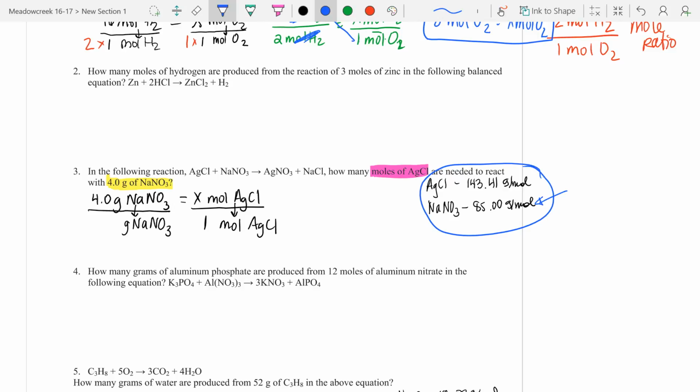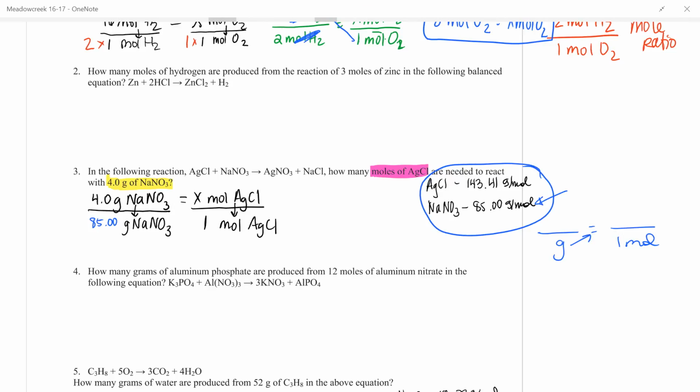Okay, now the units for molar mass are always grams per mole, and that's because if you look at the way our problem is set up, you'll always have grams equal to 1 mole. That's built into the way we're writing our mathematical expression. So I'm going to write my 85.00 grams right there.